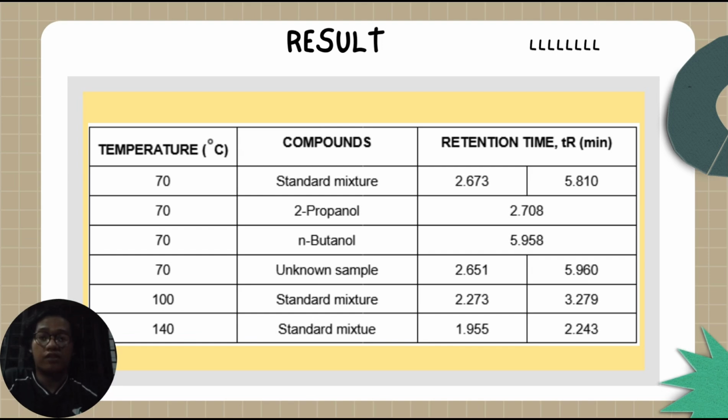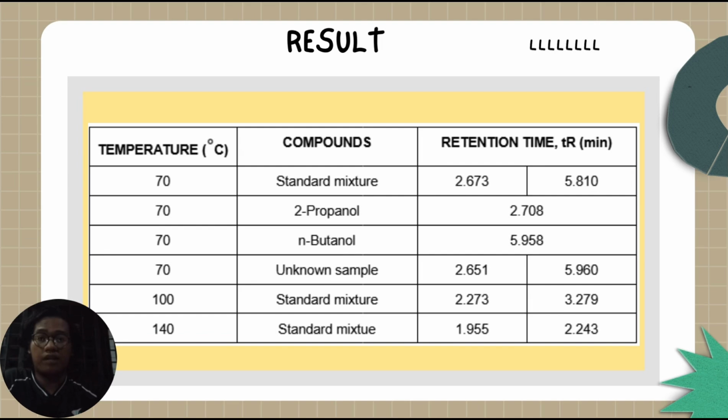Now, I'll present the gas chromatography results obtained from our experiment. At 70 degrees Celsius, the standard mixture produced two peaks with retention times of approximately 2.67 minutes and 5.81 minutes. To identify these peaks, we compared them with the individual standards. The 2-propanol standard had a retention time of about 2.71 minutes, while N-butanol appeared at around 5.96 minutes.